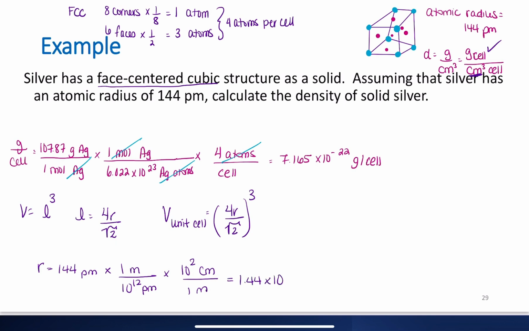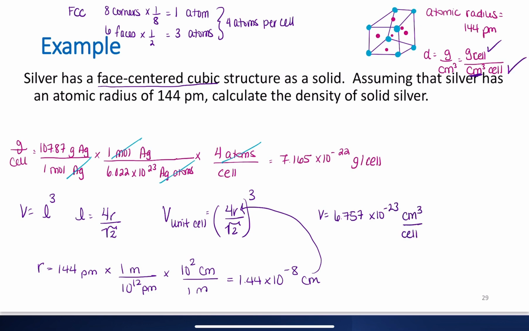That's 1.44 times 10 to the minus 8th centimeters. Plug this in for R. I get a volume of 6.757 times 10 to the minus 23rd centimeters cubed per cell.